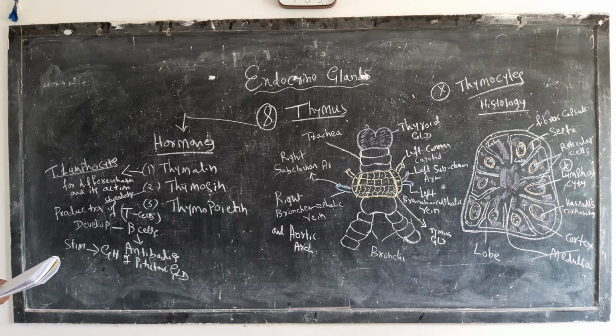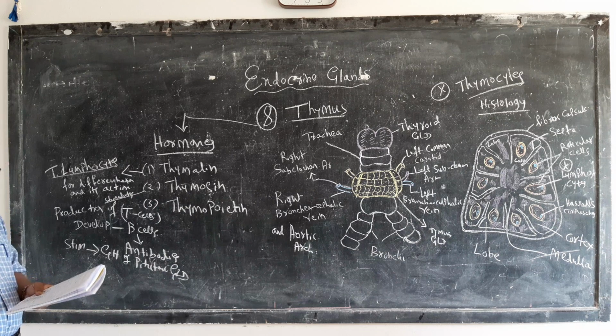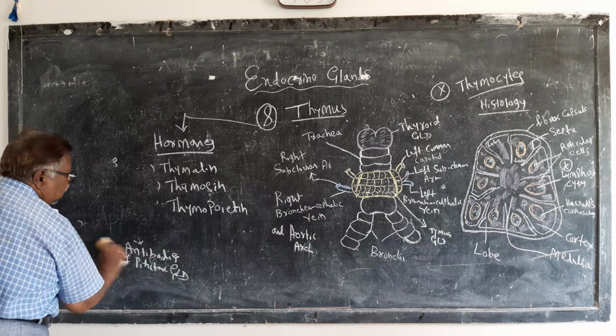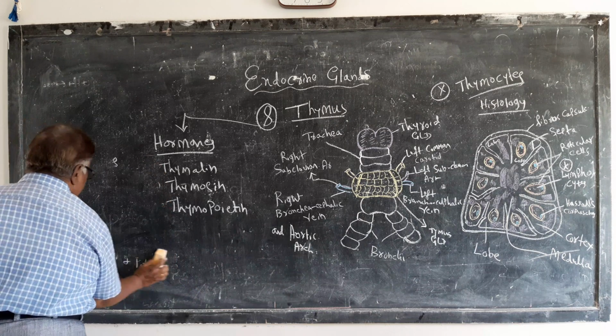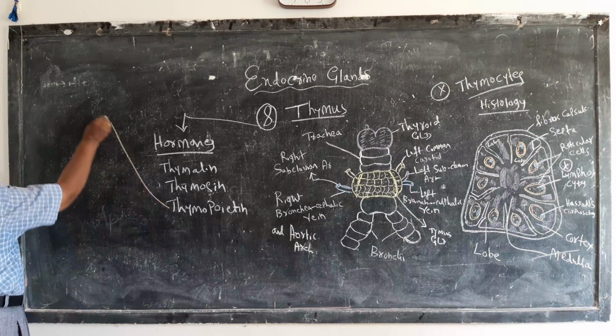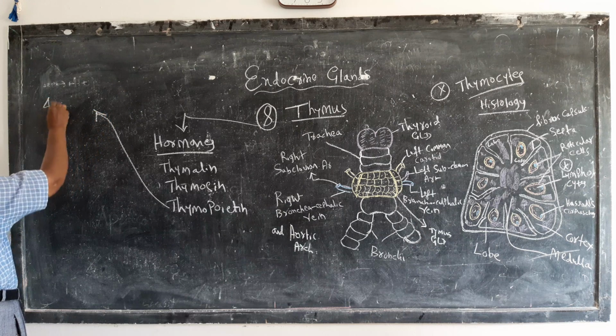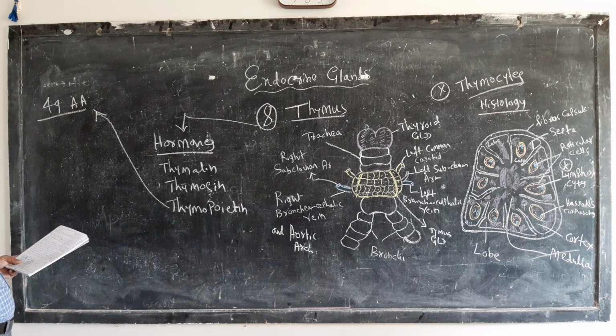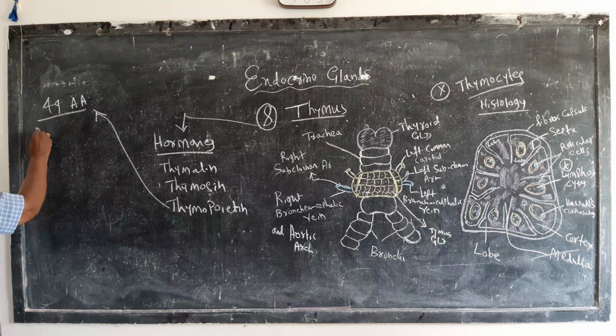Now coming to the next one, thymopoietin. This is also secreted by the epithelial cells of the thymus and contains a 49 amino acid polypeptide chain.